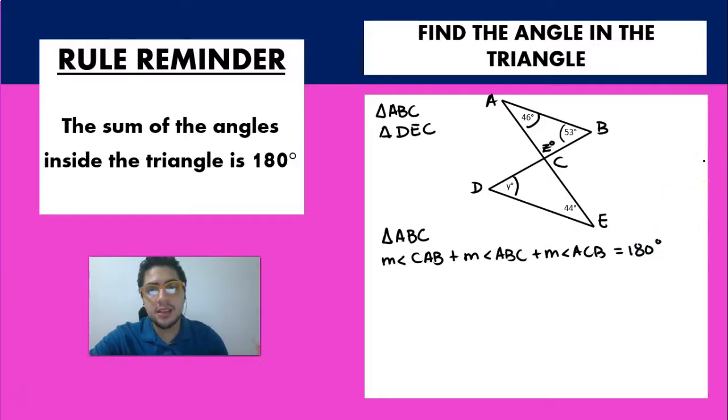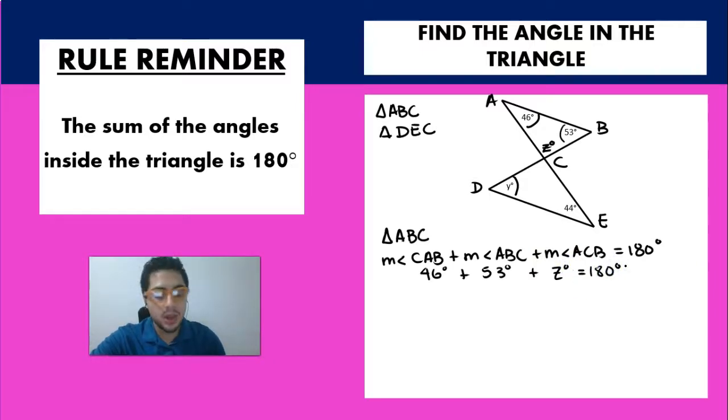So the sum of the angles inside the triangle is always going to be 180 degrees. And in this case, we're given that the first one is 46, that the second one is 53 degrees, and we do not know the measurement of ACB, but we do know it's Z degrees, right? And that is going to be equal to 180 degrees.